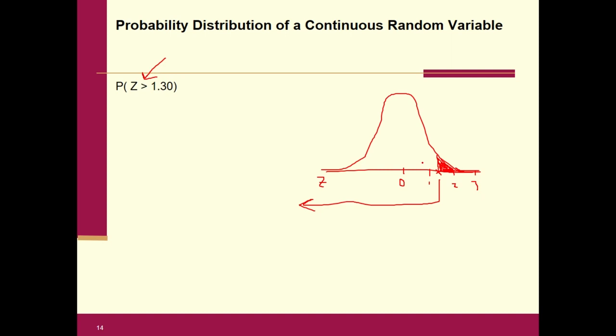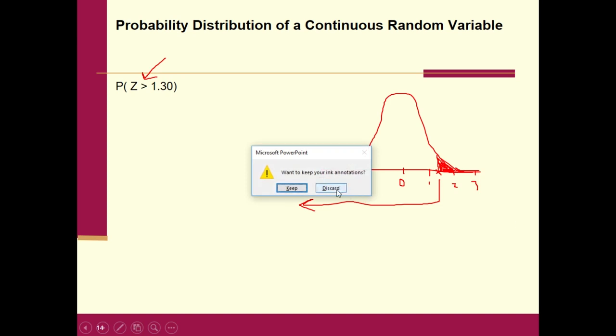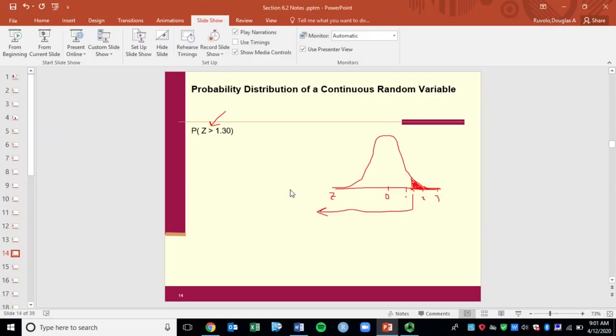Let's continue on. That means we're going to have to go into our table and look up 1.30. But remember, since we want greater than, we're going to have to do a little subtracting. So 1.30 we have to look up.